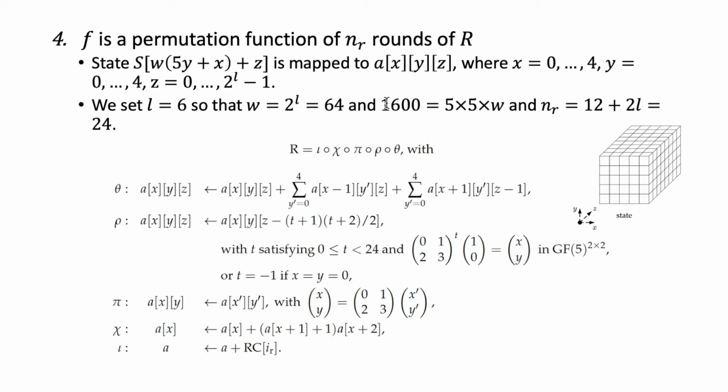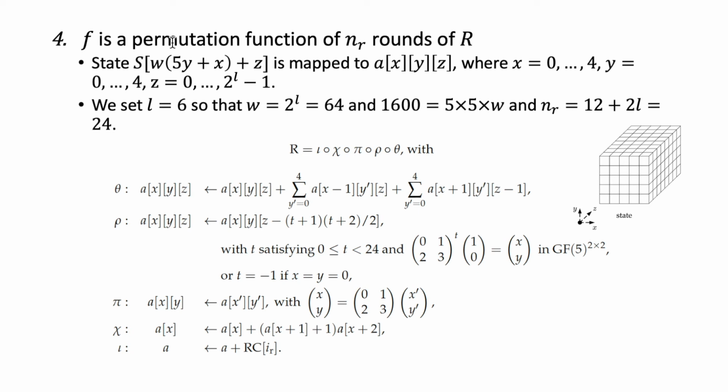And since by default the length of the state is 1600, 5 times 5 times W must be 1600, so W must be 64. And since W is 2 to the power of L, the value L must be 6. And the number of rounds NR is defined as 12 plus 2 times L, so it's 24.